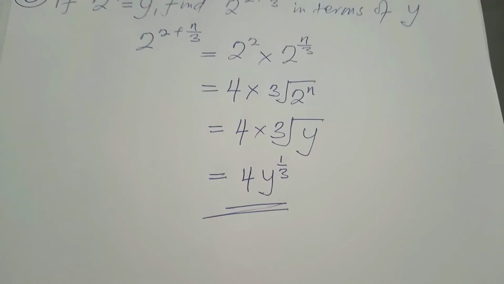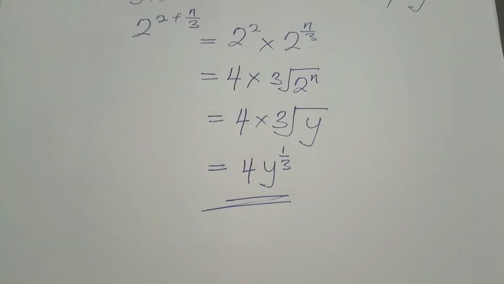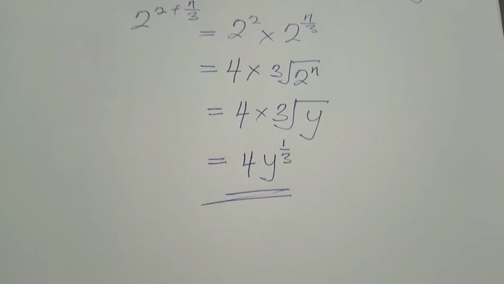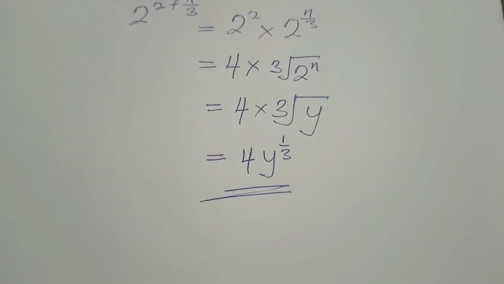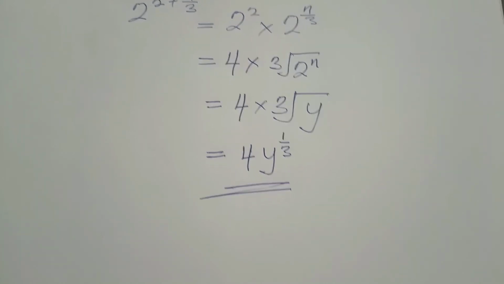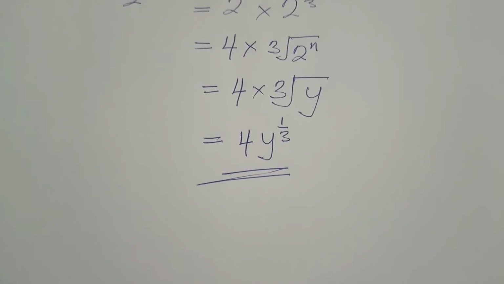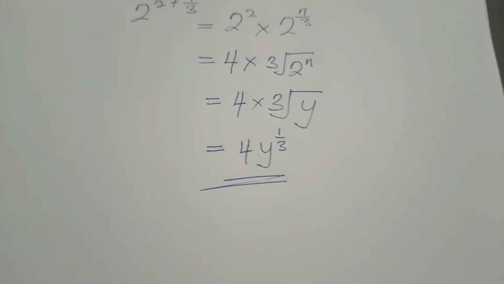However it is asked, your main aim will be to make the index, the one carrying the variable, the subject. Then you see what the new variable you are using to replace will stand for, so that wherever you see that in the question, you use it to replace.